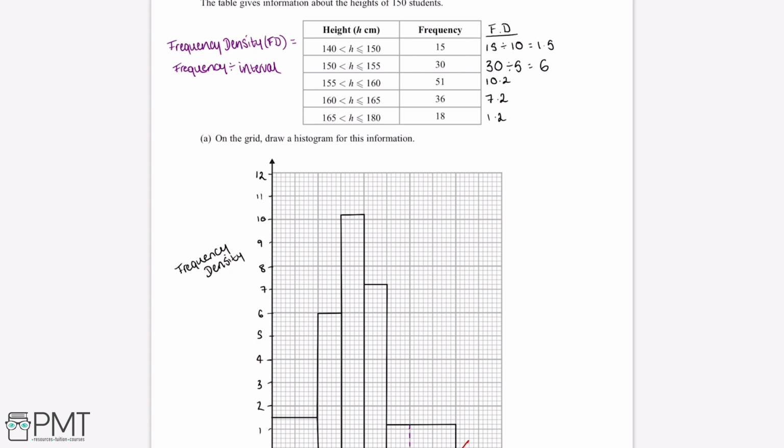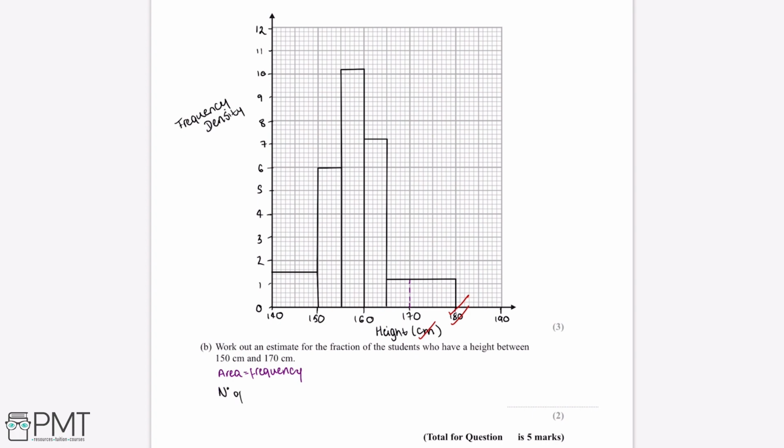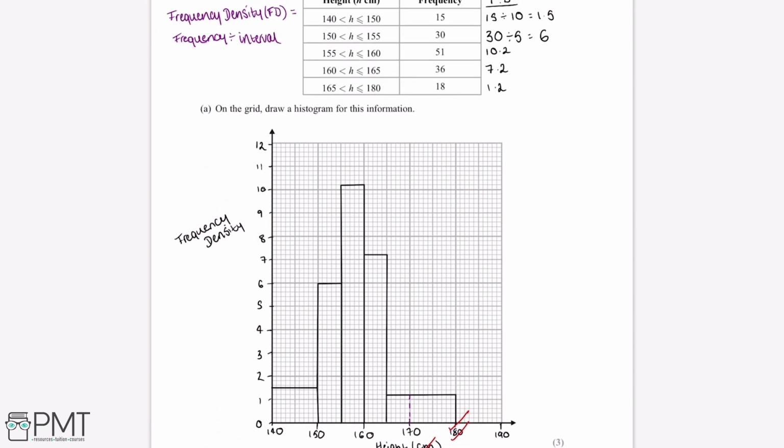Now in the question we're told that there are 150 students, and this is important to note down in order to estimate the fraction of students. So in our table we've already been told the number of students which are between 150 centimetres and 165 centimetres.